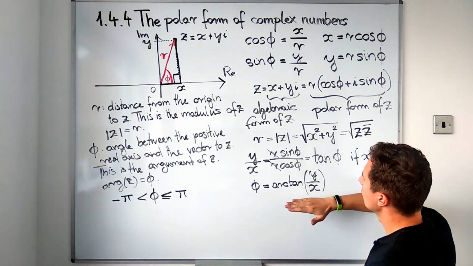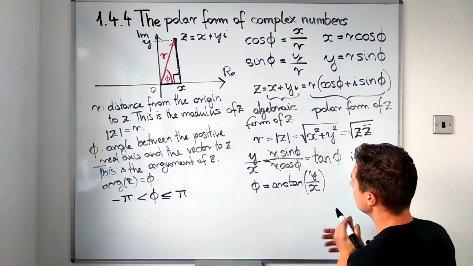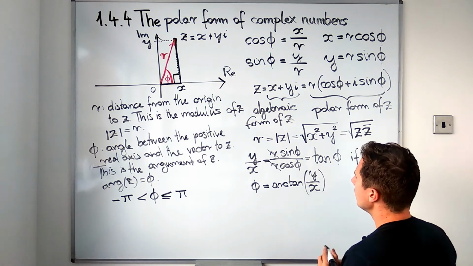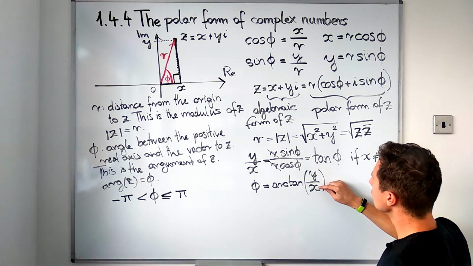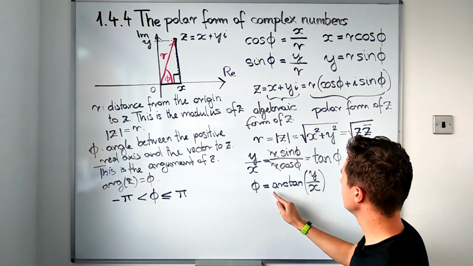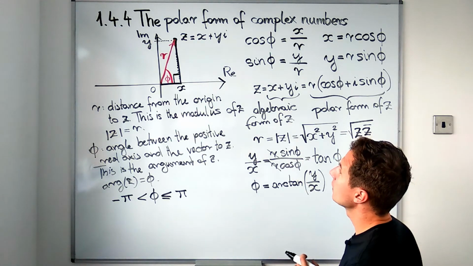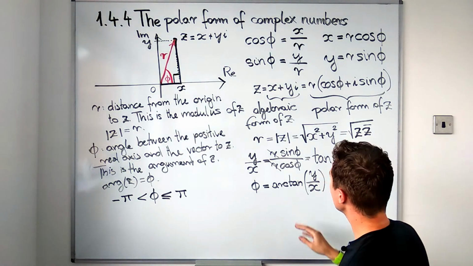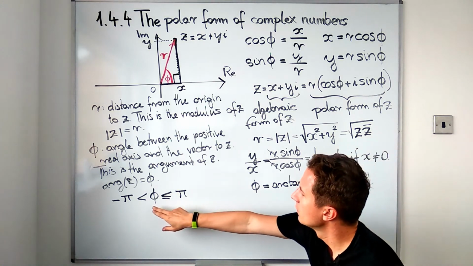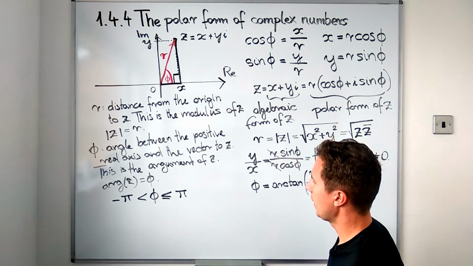So this is not always true. When x is 0, obviously it doesn't make sense. And even if x is not 0, so we get a number for this expression using, for example, our calculator, that number that our calculator would give us might not actually be the angle that we need between minus pi and pi.